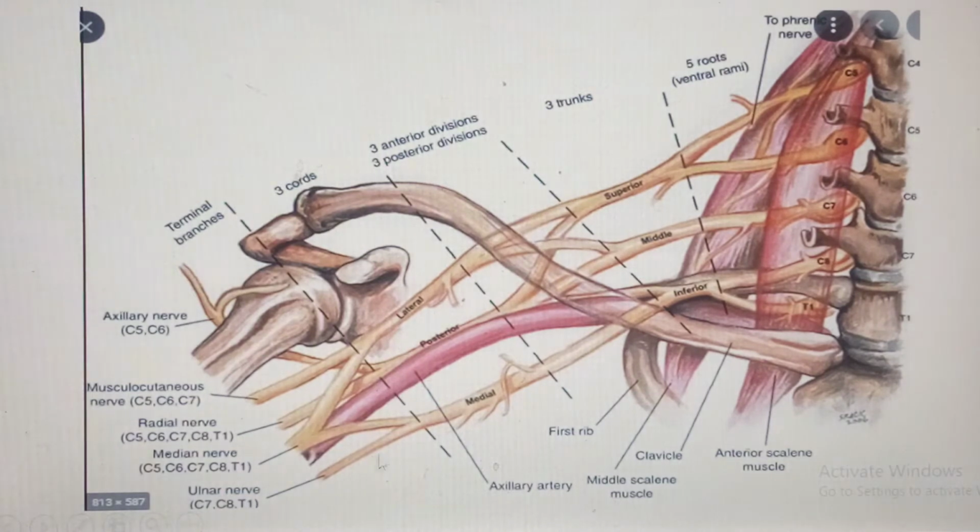Then the ulnar nerve will supply the medial aspects of the forearm, and of course the hand region. Please visit those videos. And then the musculocutaneous nerve, after piercing the coracobrachialis muscle, is going to supply muscles in the anterior compartment of the arm, and that's the BBC muscles: biceps brachii, brachialis, and coracobrachialis. So these are those things that we are looking at.